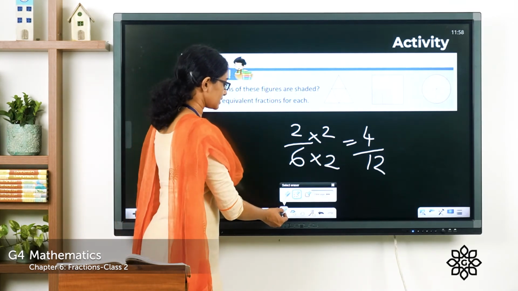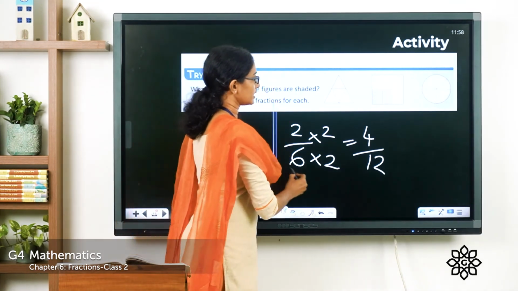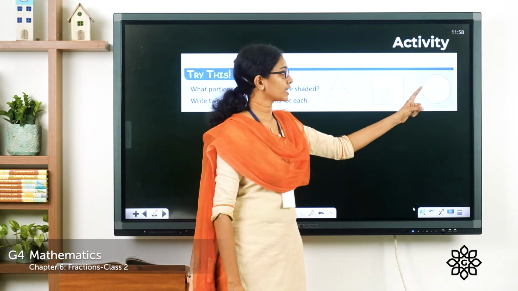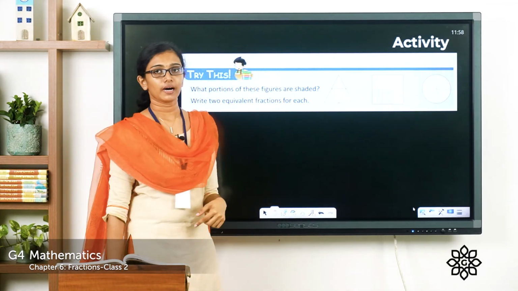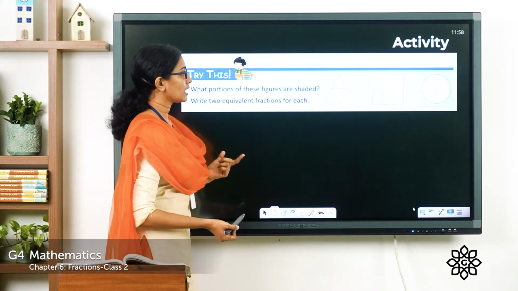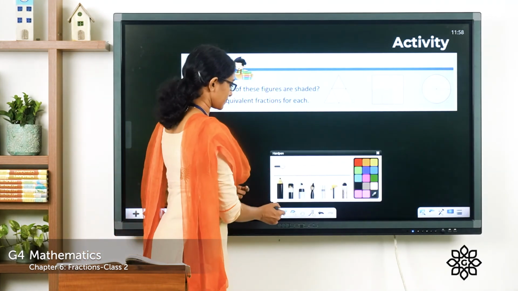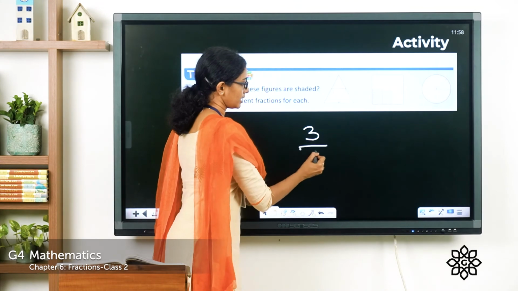Let's see the third case. In the third figure, we can see one whole circle is divided into 1, 2, 3, 4, 5, 6, 7, 8 equal parts and 3 parts out of it are colored. So the fraction here is 3 by 8.